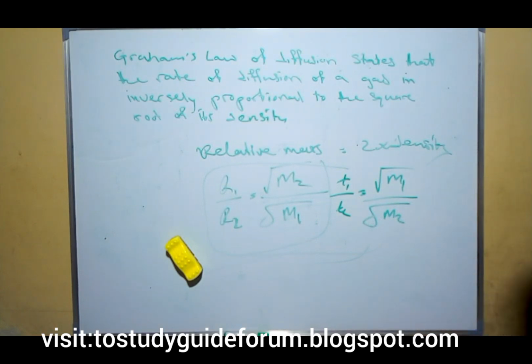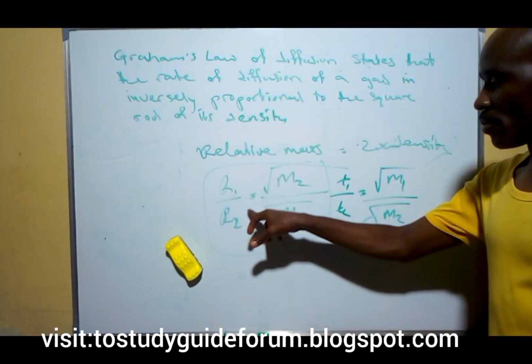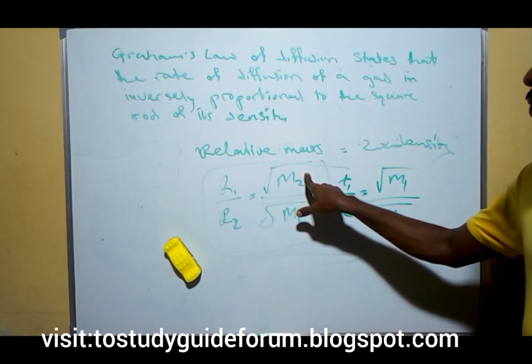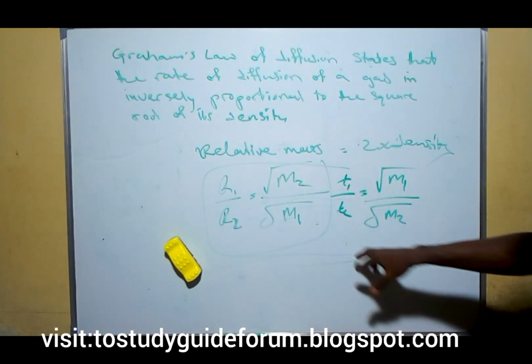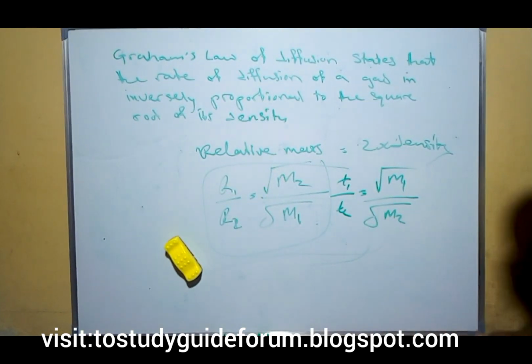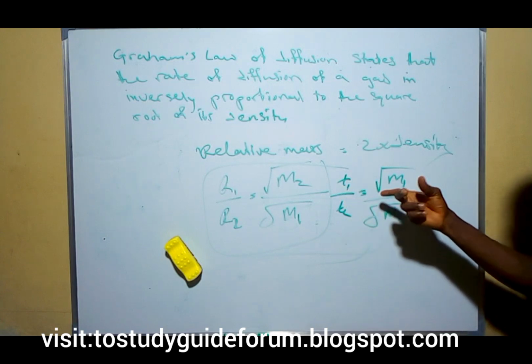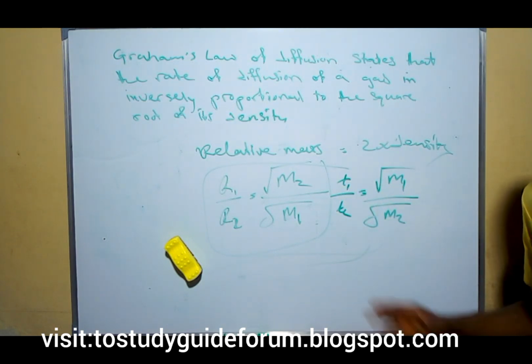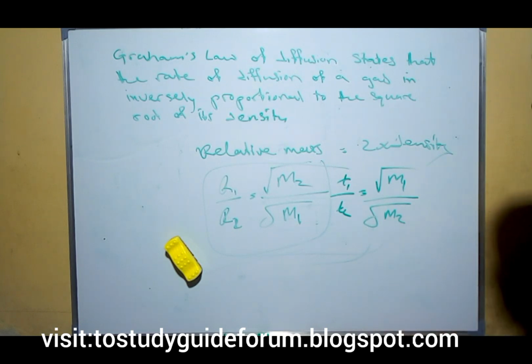Now note very well, in the case where they are inversely proportional, R2 is down and the square root of relative molecular mass is up, and in the case of time, since they are directly proportional, you notice that the time is also up. So this is why I'm saying this, so that when you see the calculation, you know how to apply it very well, effectively.